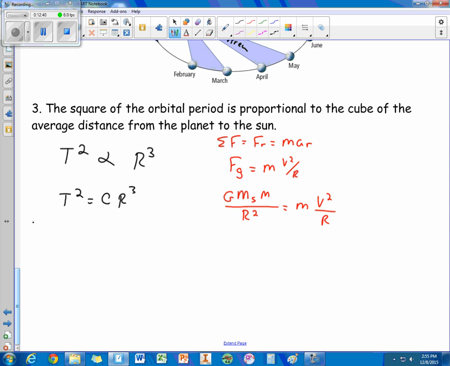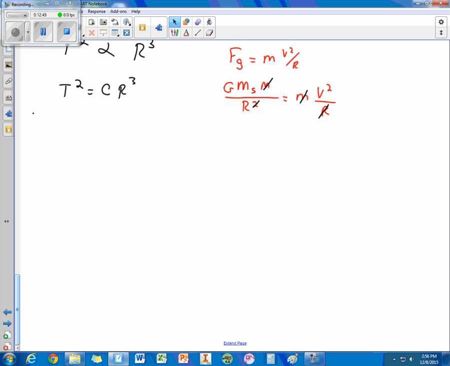So we had this point right here. And we also did some algebra. Mass of the planet doesn't matter. We got some canceling in the r's. So what we're left with then is G, which is 6.67 times 10 to the -11th, times mass of the sun over r equals v squared.